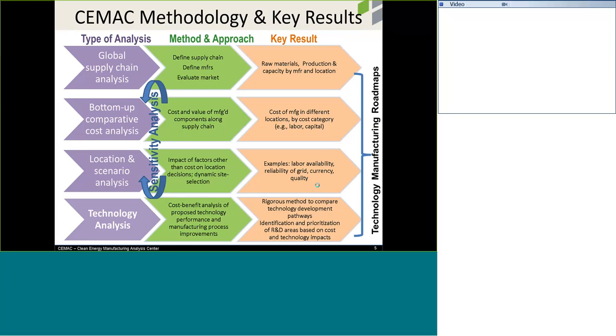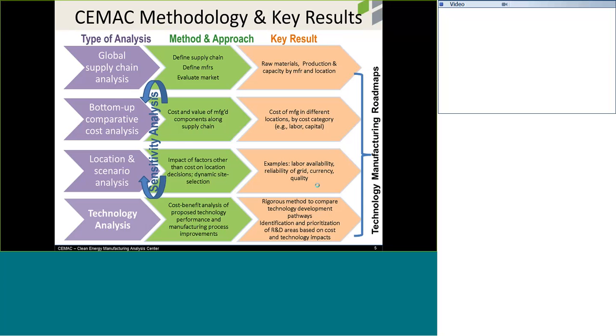The piece of the location and scenario analysis can help really highlight what a specific region offers in terms of manufacturing. For instance, if you have an energy-intensive manufacturing process and your grid is only up 25% of the time, that is not going to be a good location for that particular manufacturing.